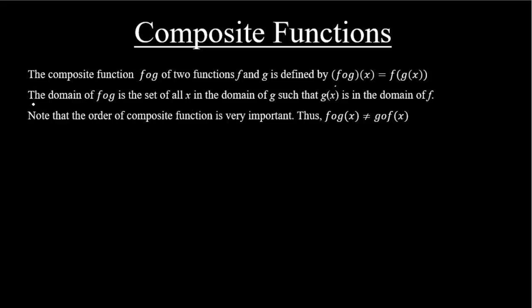Now let's try to explain the second line. That is, the domain of f of g is the set of all x in the domain of g, such that g of x is in the domain of f.